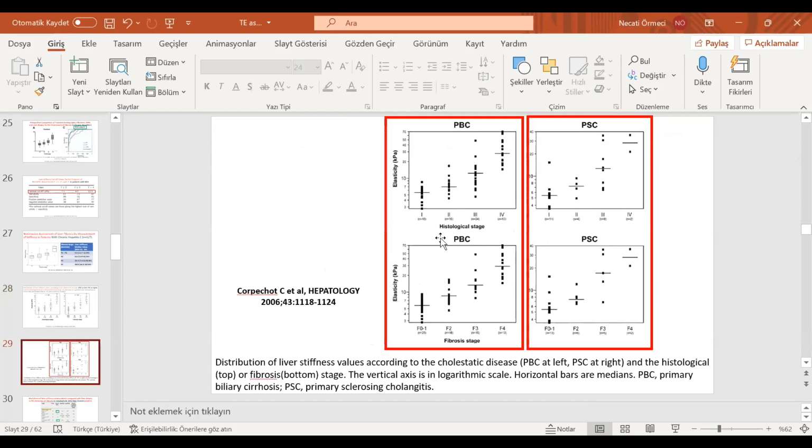In this slide, we can see primary biliary cholangitis and primary sclerosing cholangitis separately, and the distribution of liver stiffness values according to cholestatic diseases. On the left side is primary biliary cholangitis, on the right side primary sclerosing cholangitis, and we can again easily differentiate F4 fibrosis from the other F1, F2, and F3 fibrosis. It is the same for primary sclerosing cholangitis also.